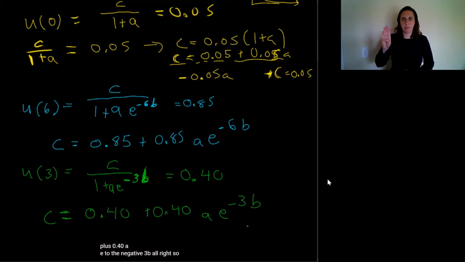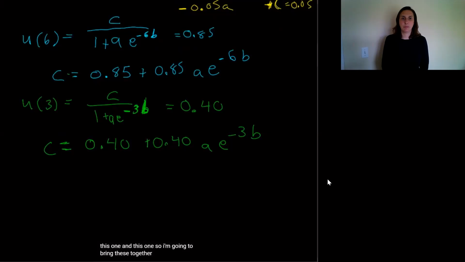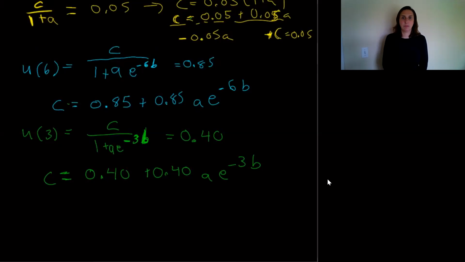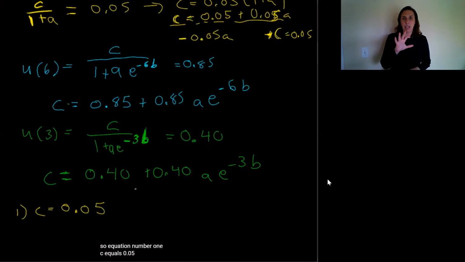All right, so I have 3 equations, and I'm going to write them down in their respective colors down below. We're going to bring these together. So equation number 1, c equals 0.05 plus 0.05a.